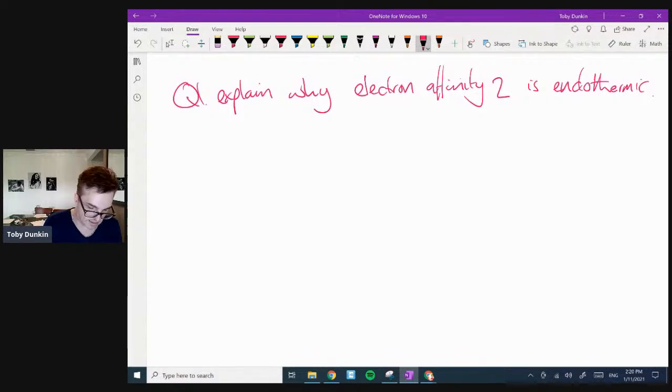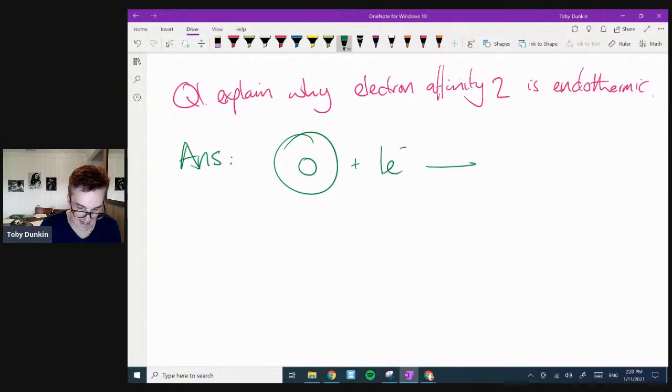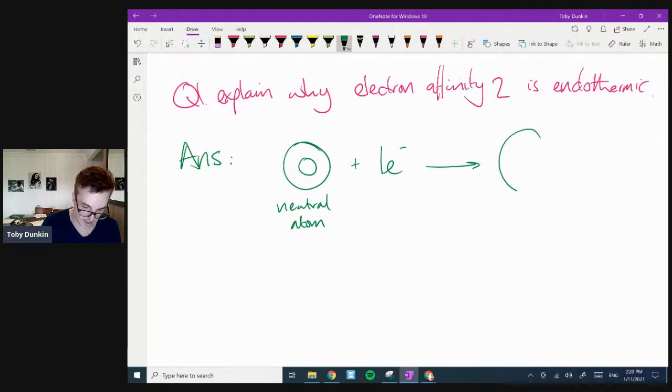Now the reason being is, I'll do the answer in green. For the first electron affinity of oxygen, you're adding a negative electron to a neutral atom, so there's no repulsion. I should actually show you a bit of scale on size here. The oxygen is now going to balloon.